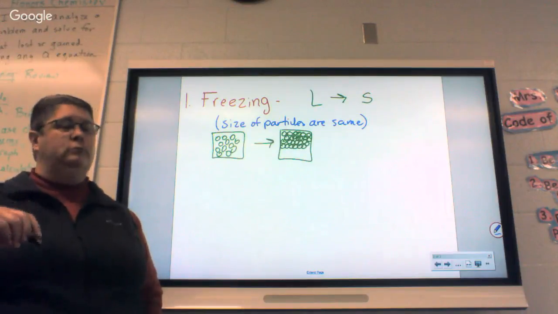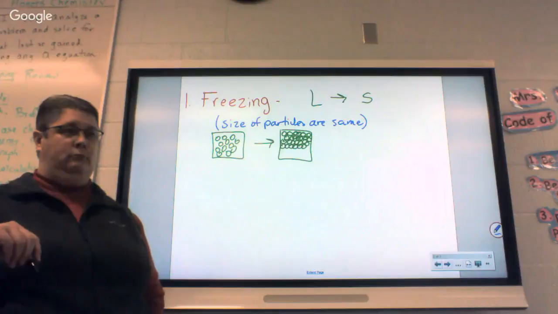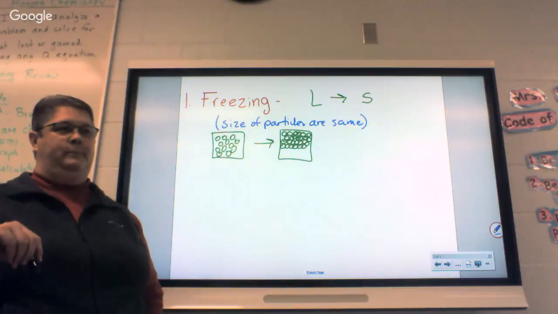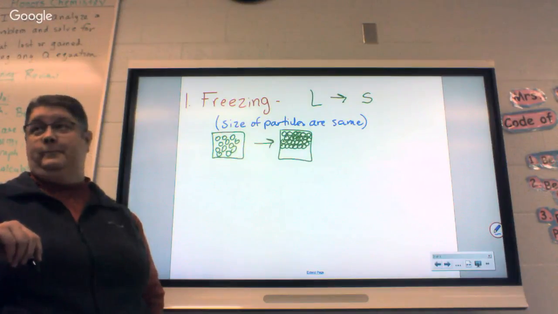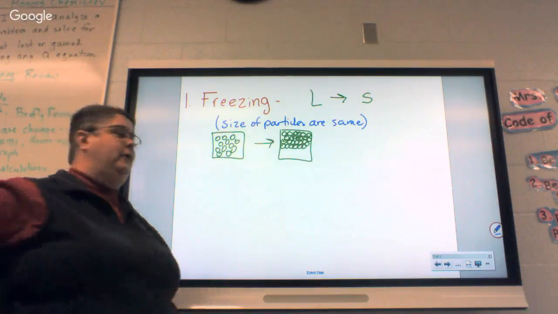But water freezes, and if you freeze it in a container, it will crack, because air gets trapped. It freezes in a hexagonal pattern.